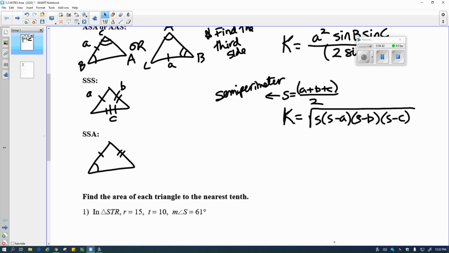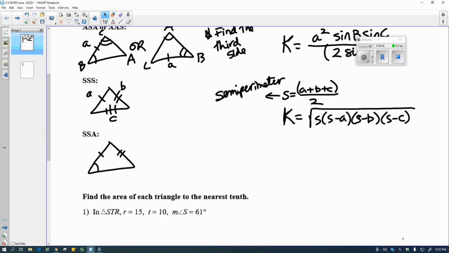Make sure, again, that you're using your calculator properly, so when you plug it in, A plus B plus C, hit equals or close it in parentheses and then divide by 2. And then my area formula is the square root of the semi-perimeter times the semi-perimeter minus one side, times the semi-perimeter minus the other side, times the semi-perimeter minus the third side, and multiply all those things together.